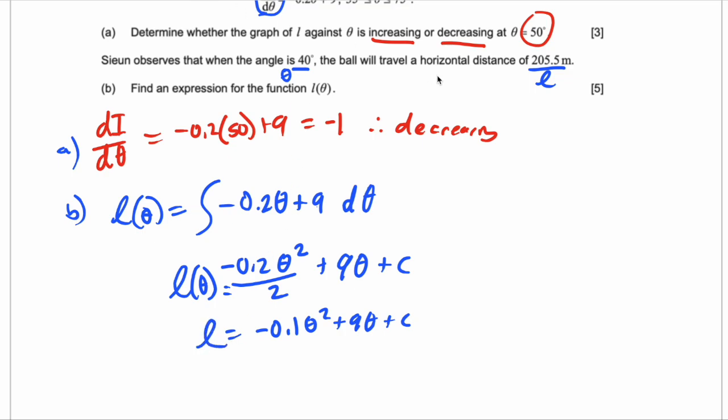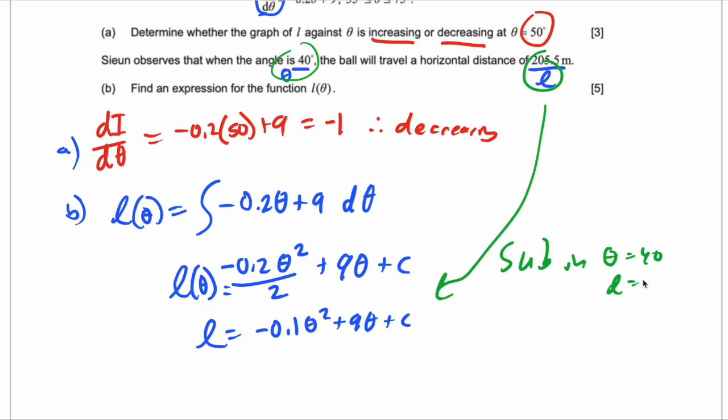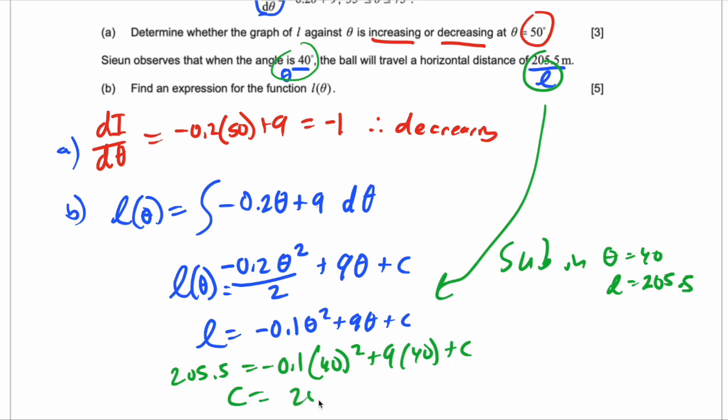Okay, and they give us information. So we're going to sub in theta equals 40, L equals 205.5 into the equation. So we have 205.5 equals negative 0.1 theta squared, or sorry, theta is 40 in this case, plus 9 times 40 plus c, so c equals 205.5 plus 0.1 times 40 squared minus 9 times 40.